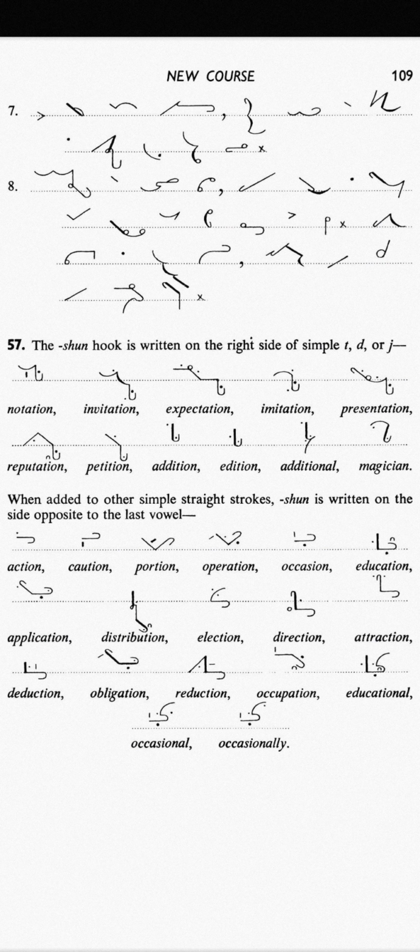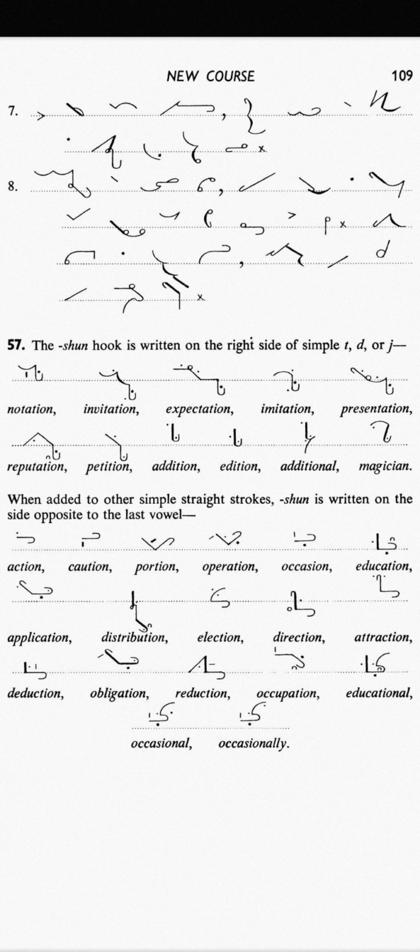Obligation: B with L hook above the line, G with shun hook, whole outline above the line, light dash on the first place of B before it, light dot on the third place of G before it, heavy dot on the second place of G after it. Reduction: upward R, D, K with shun hook, whole outline on the line, light dot on the second place of upward R after it, light dash on the second place of D after it.